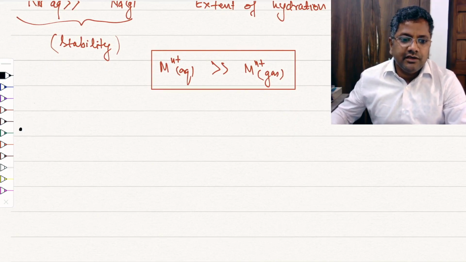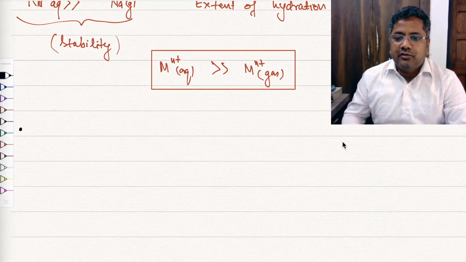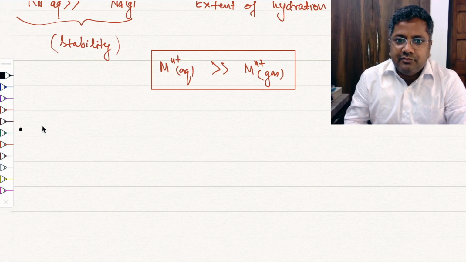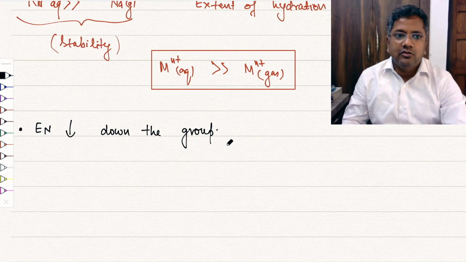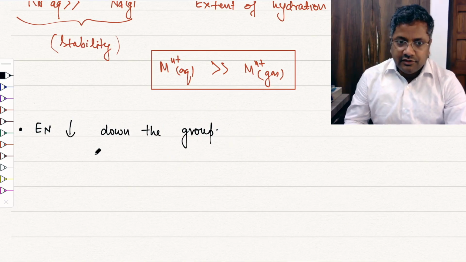If we consider the electronegativity on the Pauling scale, electronegativity decreases down the group. So if you move down in the group, electronegativity decreases.